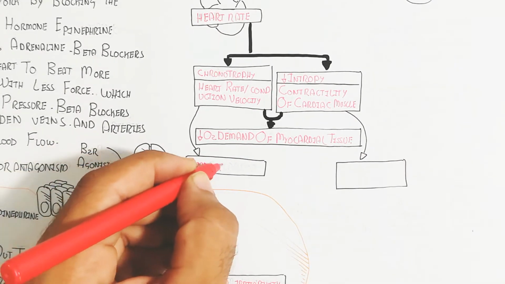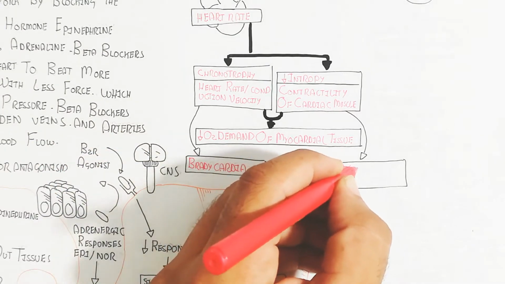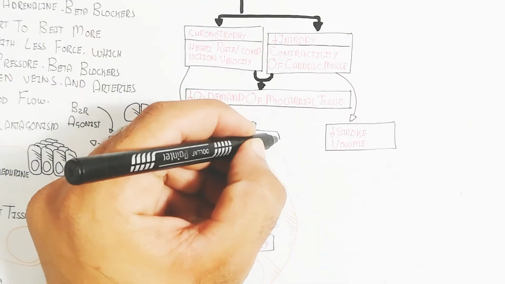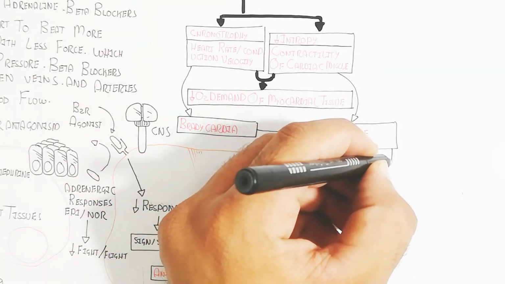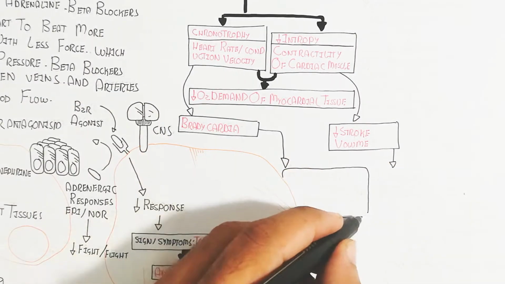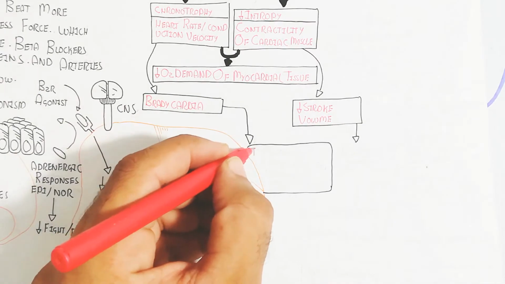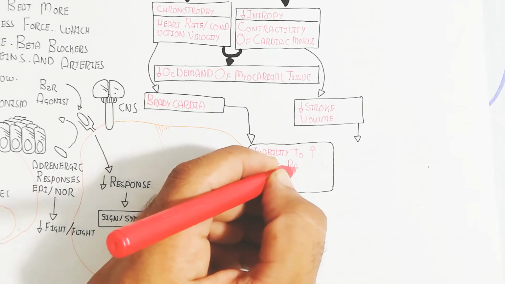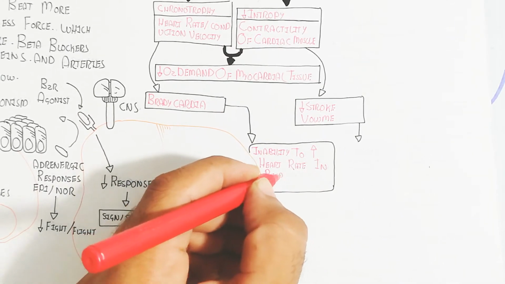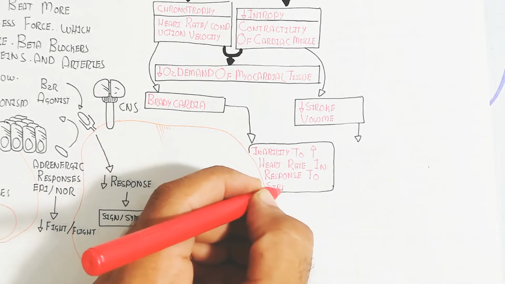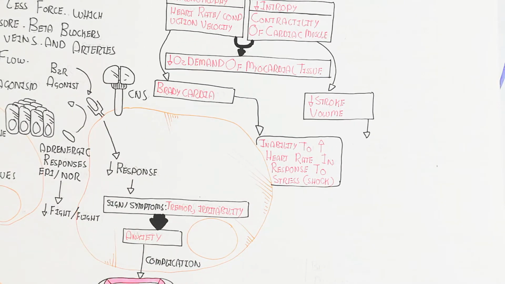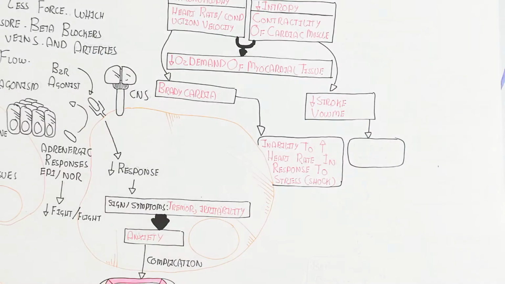Bradycardia means the heart will pump very little and dilate more. So the diastole will be increased while the systole will be decreased. In this way there is an inability to increase the heart rate in response to stress and shock.